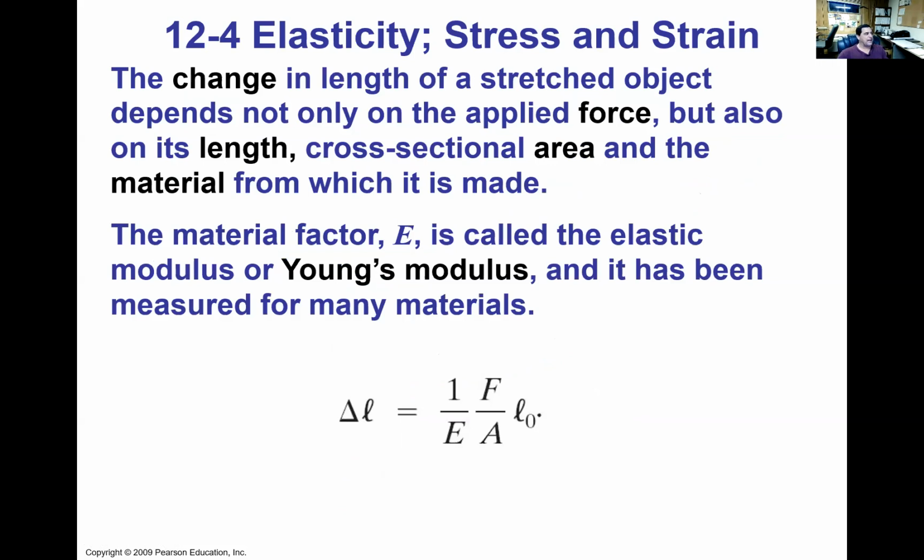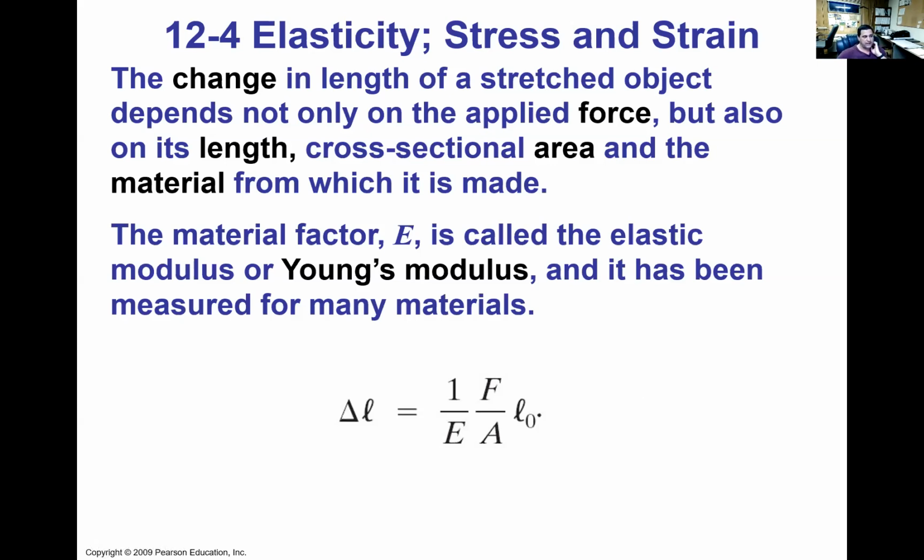So the change in length of a stretched object not only depends on the force, it depends on the length of the material, the cross-sectional area of the material, and then there's a factor built into this called the elastic modulus or Young's modulus. So this is just a simple algebraic equation.